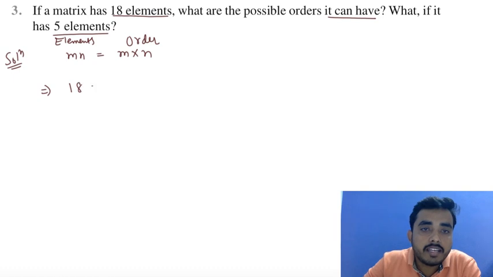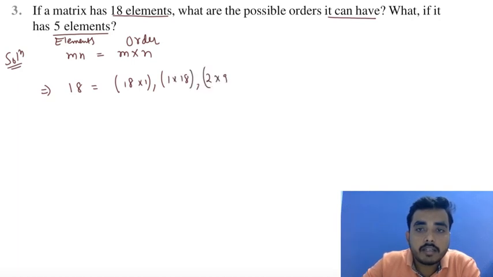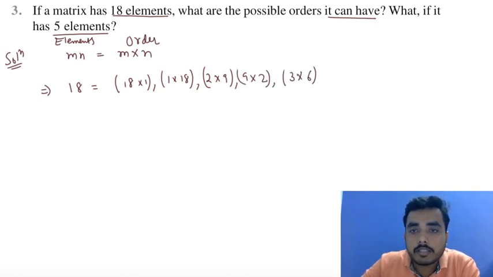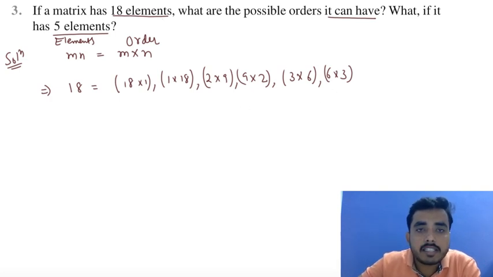So we have 18 elements, so the order can be 18 into 1 or 1 into 18. This is 2 into 9, 9 into 2, 3 into 6, 6 into 3, and these are all the possible orders if a matrix has 18 elements.